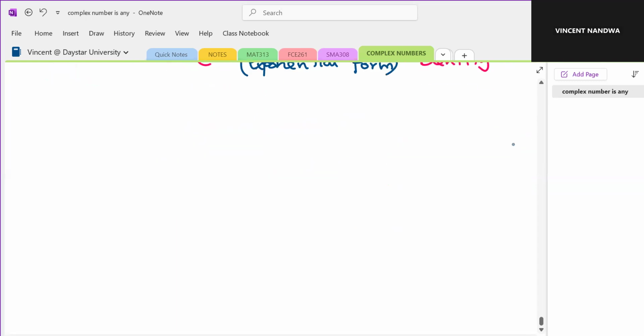Change or convert into polar and exponential form.